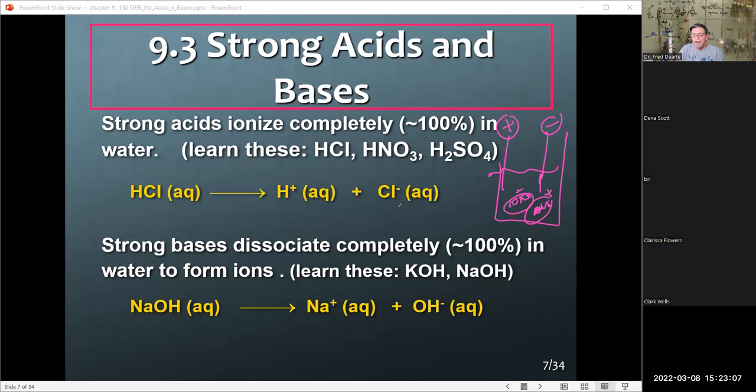If I have a lot of ions, like these strong acids and bases, then I'm going to have a lot of current going through that water, okay? And it's a very strong conductor. If I have a little bit of ions, not so much current will pass through, and therefore it would be a weak conductor, okay? More on that here in a little bit.